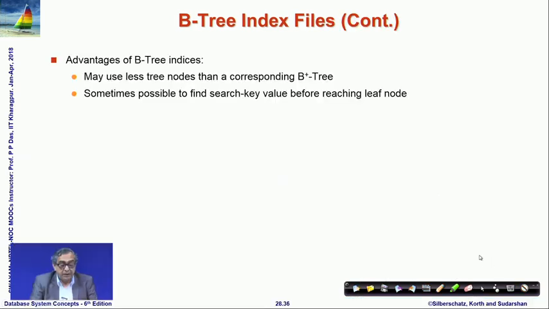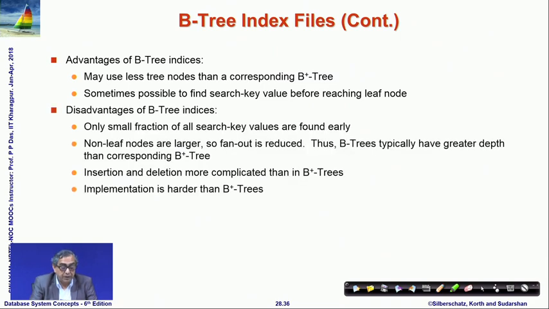So, it has advantages. It may use fewer nodes than the corresponding B plus tree. Sometimes it is possible to find the search key value even before reaching the leaf node. So, search could be efficient, but it does have a lot of disadvantages, because only a small fraction of all search key values are actually found early.